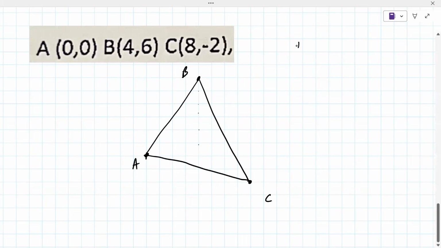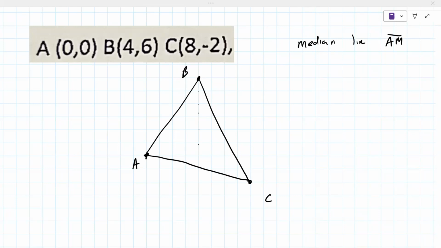All right, so the next thing we're going to talk about is what's called median line AM. Any idea what a median is? We kind of talked about that a little bit, but any idea? I don't know.